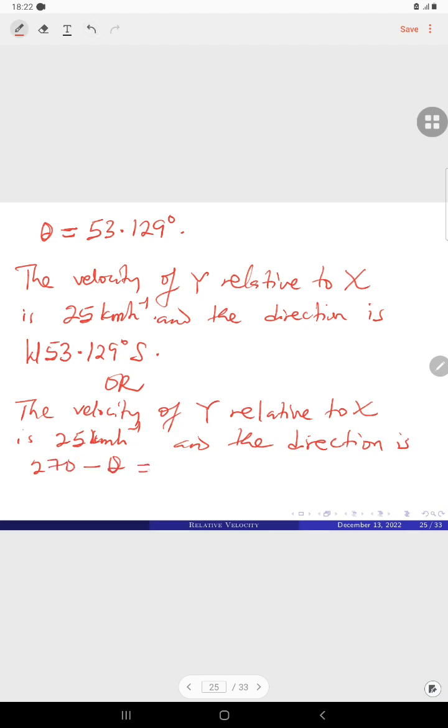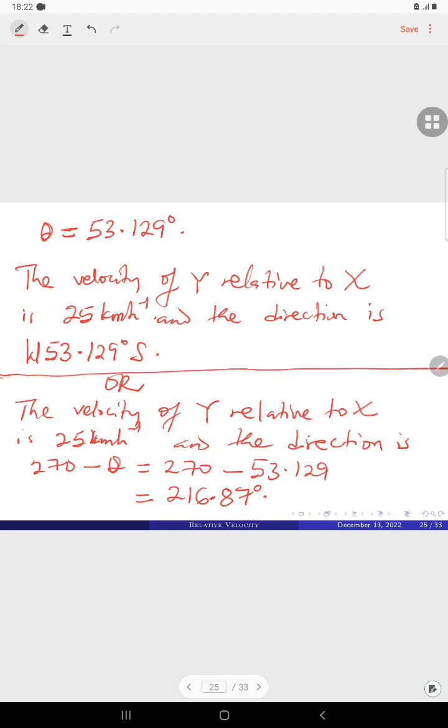This is equal to 270 minus 53.129, which is 216.87 degrees. All right, so that answers our question. You can choose to use this one, or the second one, or this one. Any way is acceptable.